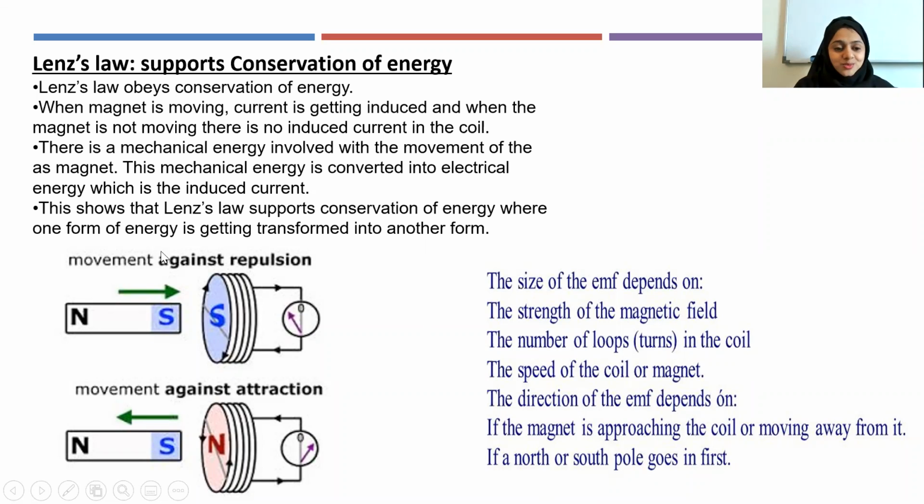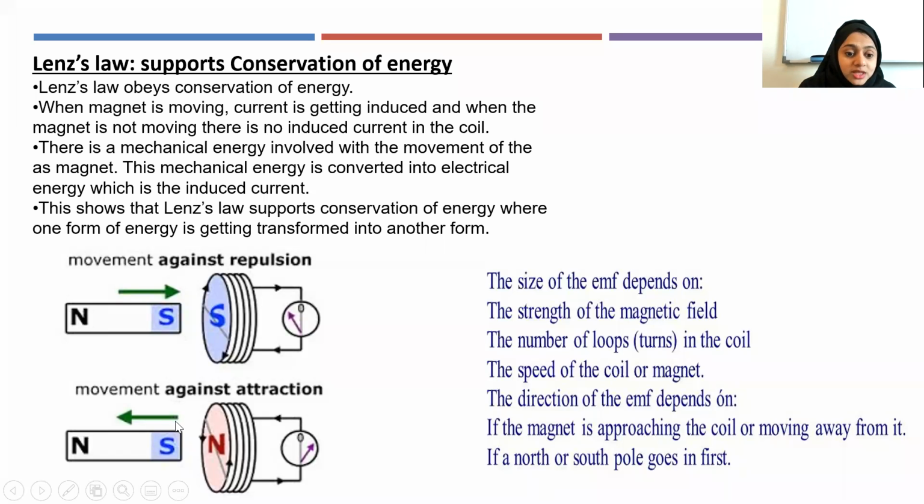So here, as you said, you asked me what happens if the South Pole is coming to the coil, right? If the South Pole is coming towards the coil, the coil wants to develop a South Pole of its own. So it will make current flow in the clockwise direction. A South Pole will be developed here and it will repel the magnet. Okay.